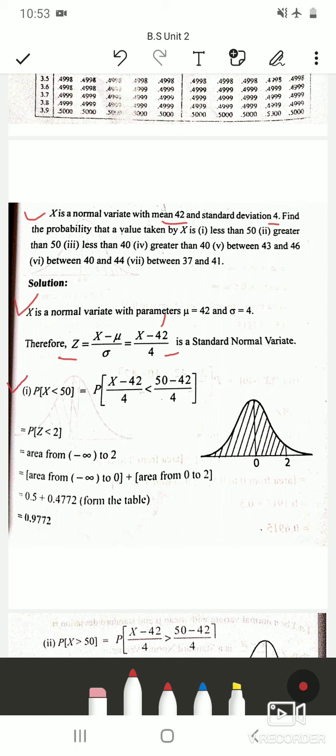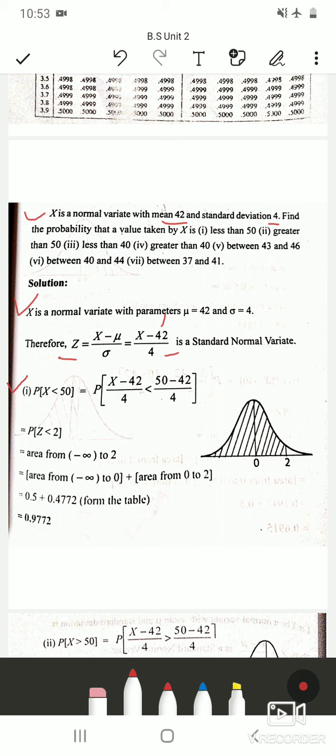We will see the first sub question, which is the probability that x takes values less than 50. This x takes less than 50 means it can be 49, 40.5 or 30, 22, 1, minus, and so on up to minus infinity, because the range of x is minus infinity to plus infinity. Now here we are interested in finding the probability of x less than 50. So we will convert this normal variate to a standard normal variate.